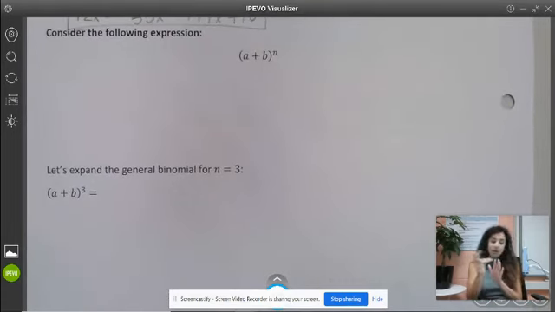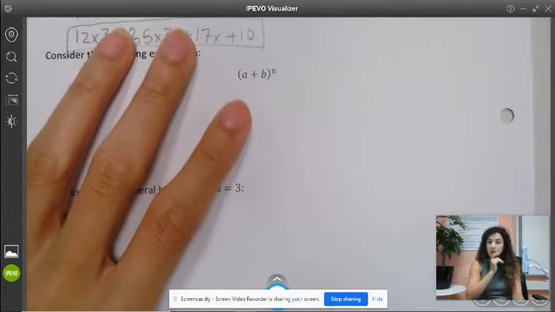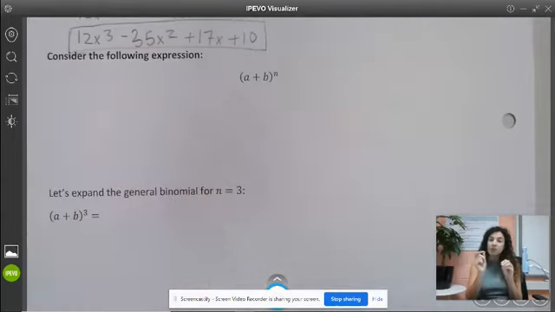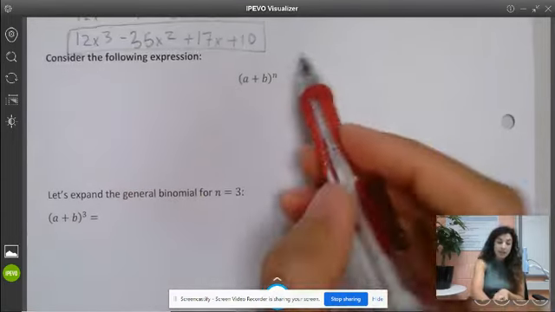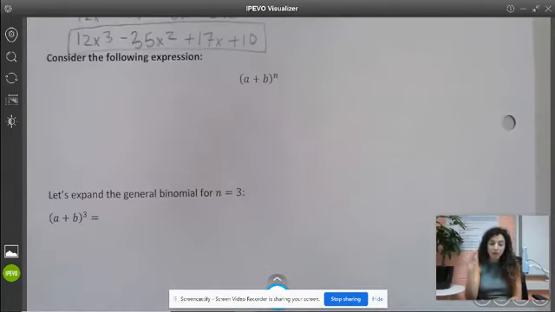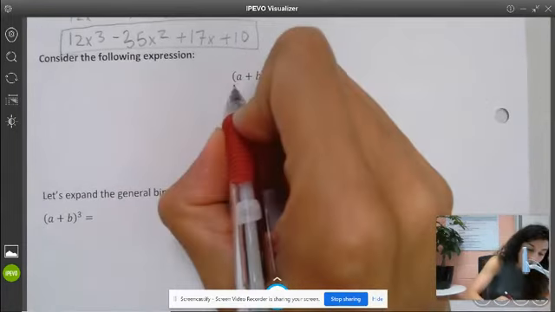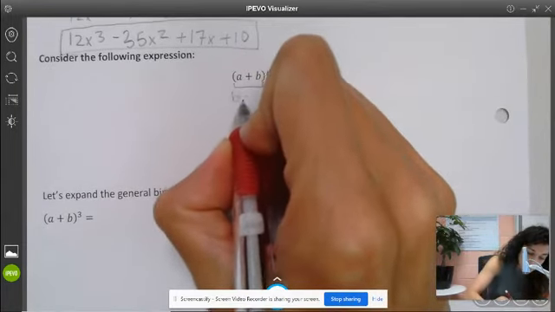All right. So we also have expansions that look something like this. When we talk about distribution, distribution can look a little bit different. It can look like it's kind of tricky or like it's hiding something. Because we can have something that looks like this, and this is a distribution problem in disguise. So what we have here is what we call a binomial.